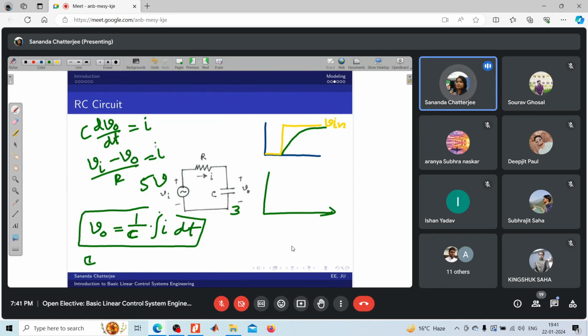So finally we can write the whole system.